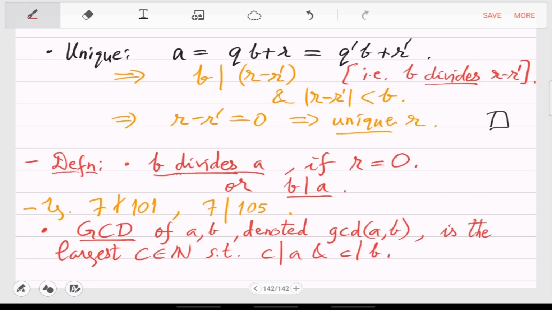And if it is 1, we say that the numbers are co-prime. The definition is: if the GCD of A and B is 1, then we say A is co-prime to B.